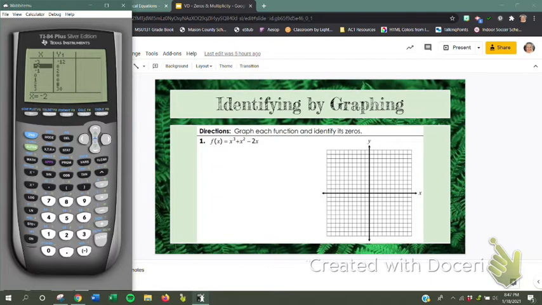If you look at both of our other zeros, we have 0, 0, so that x equals 0 is another one, and then 1, 0. So that is also another x-intercept or zero or solution or whatever you want to call it. They're all the same. They're also called roots. So let's look at the same problem on Desmos.